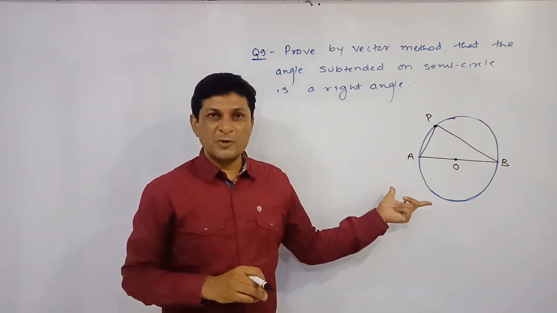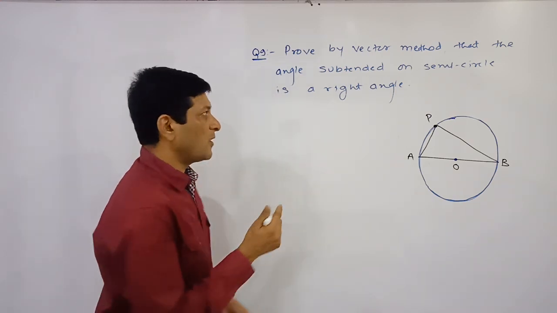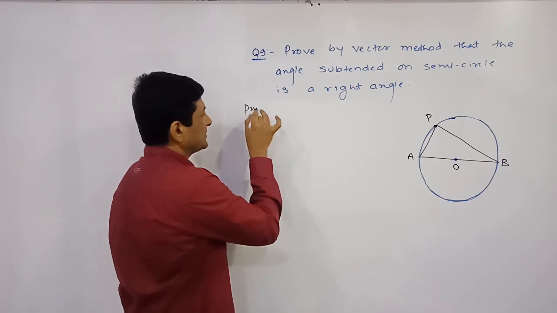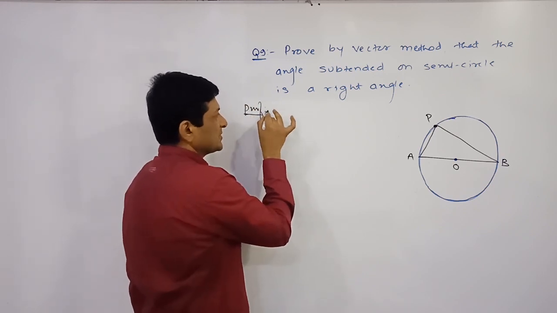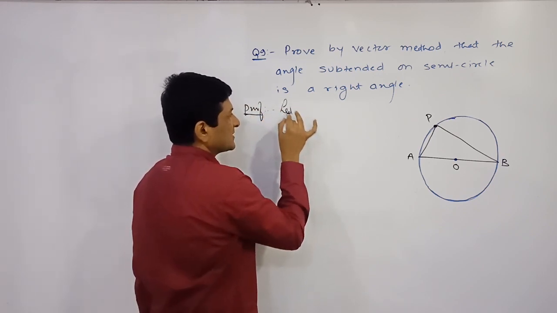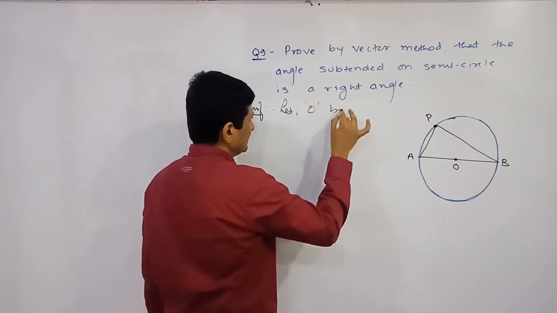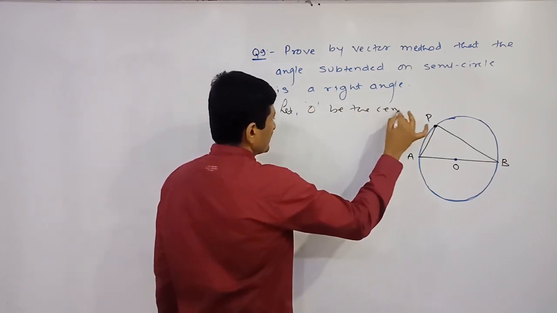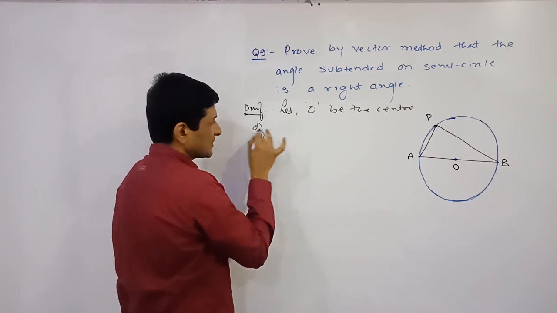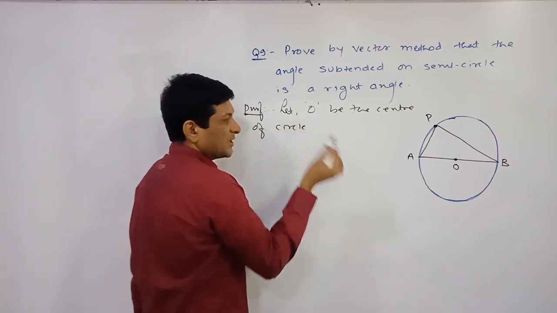Whatever our suppositions are, first write them all down. So let us try to prove it. Here we suppose that O is the center of a circle. Again, what is our supposition?